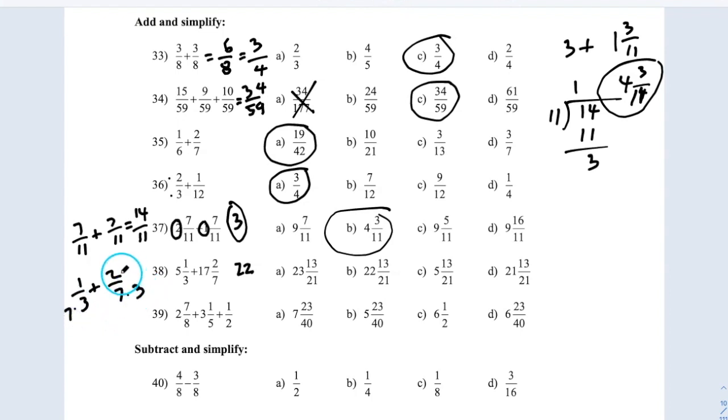On the bottom 3, on the top 3, on the bottom 7, on the top 7. Okay? So this is going to give me 7 over 21 plus 2 times 3 is 6 over 21, and 7 and 6 is going to give me 13, and I keep the denominator.